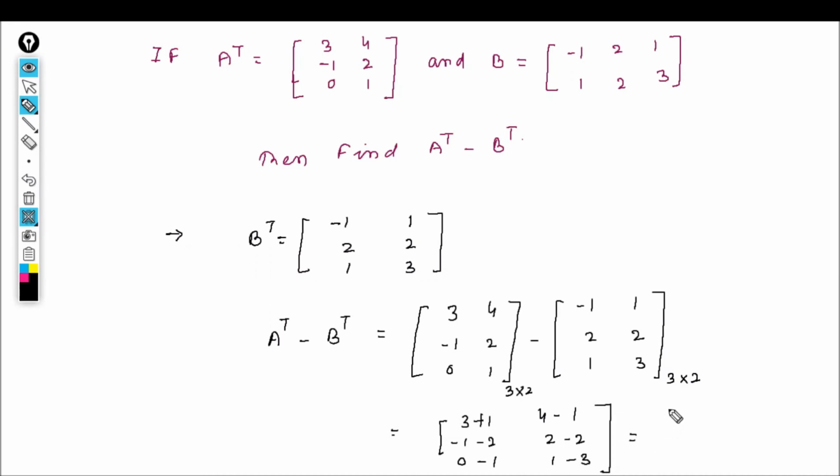So this is equal to 4, -3, -1, 4 minus 1 is 3, 0, 1 minus 3 is -2.